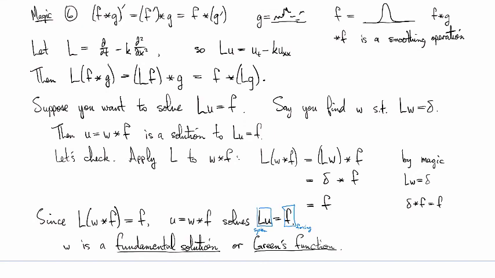And so what this is saying is, once you know how the system responds to a unit impulse, a Dirac mass, then you can use this convolution to figure out how it's going to respond to any external impulse no matter what. And this is called Duhamel's principle, and we'll look at it in an upcoming section.